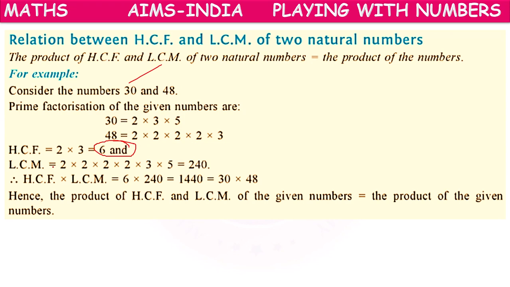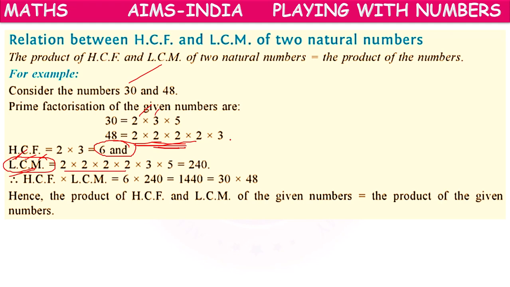In the same way, LCM, least common multiple. What is the opposite of least? Greatest or highest. While calculating LCM, we consider the prime factors occurring the greatest number of times. Here 2 one time, here 2 four times, so the greatest number of times, 4 times, we have to take.